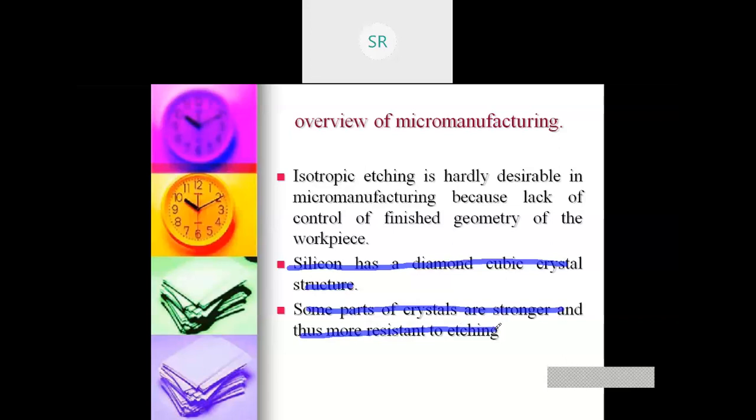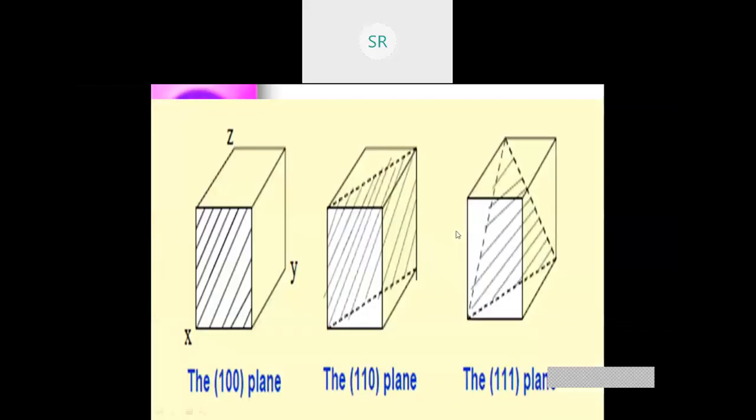So that means if I take silicon and go for wet etching, my etching will not be 100% accurate. Why? Because some parts of the crystal are stronger and offer more resistance to etching. So under this condition, I need to go for a particular orientation.